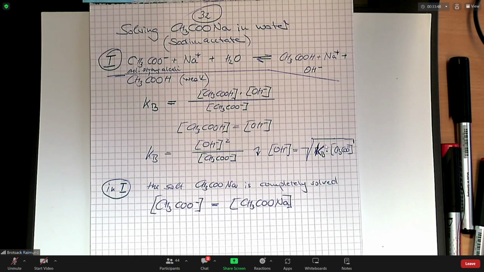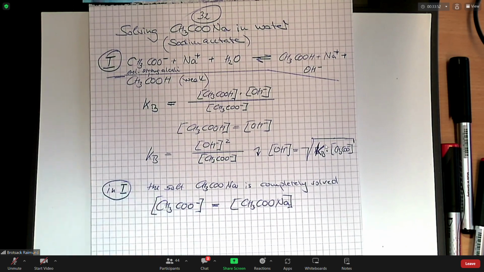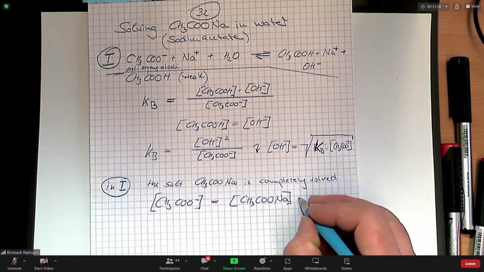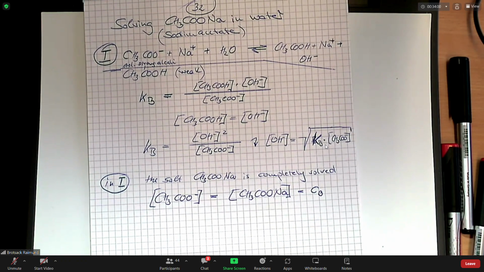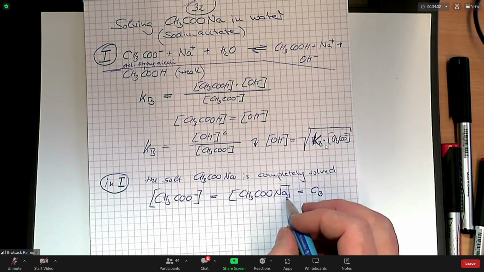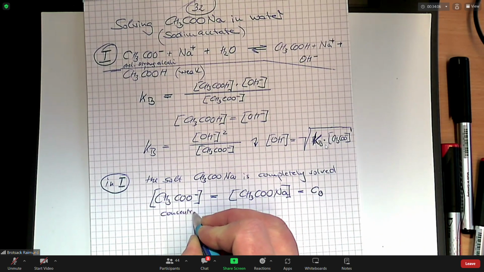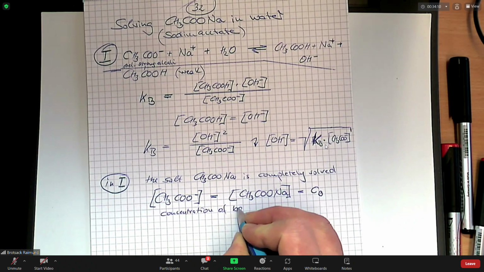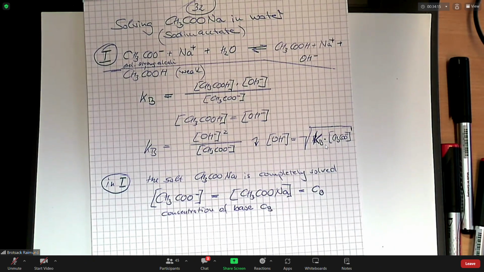How to interpret these balances? And this is what we call the concentration of the base. That's Cb, concentration of base.